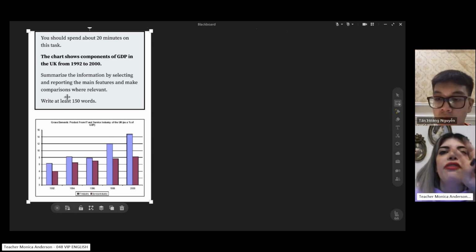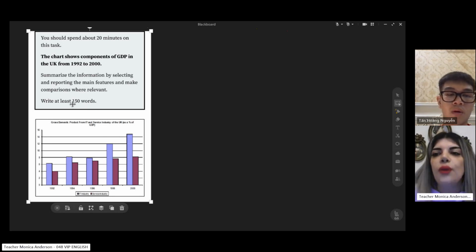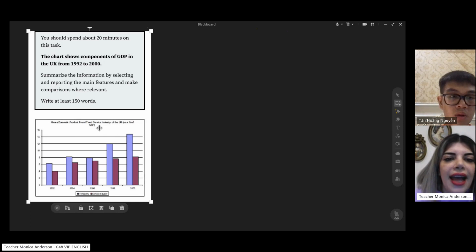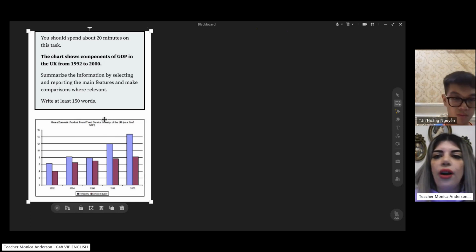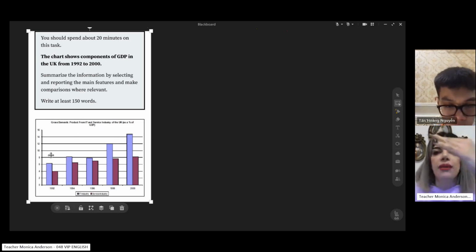We have two factors that we need to discuss: one, service industry, two, IT. So let's compare them. We have a percentage of GDP here, and as can be seen from the bar chart, both increased as a percentage of GDP. As you can see, we have an increase for both of them.